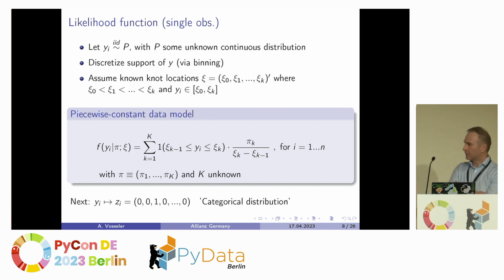So this can very easily be motivated in something that we call a piecewise constant data model. So we essentially have to face certain unknown parameters. So you have those bin probabilities that we denoted by pi, this vector pi. And as I think all of you might know, in a histogram context, it's very crucial, so to say, the number of bins, which is a very crucial parameter that you have to somehow, in a statistical sense, take care of.